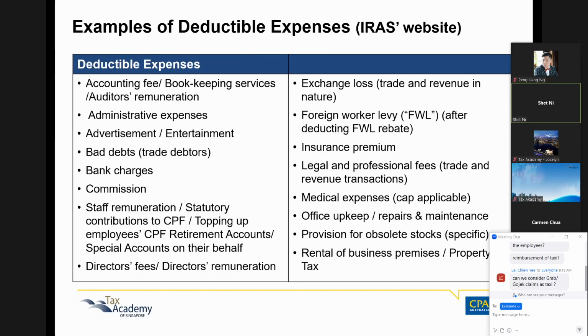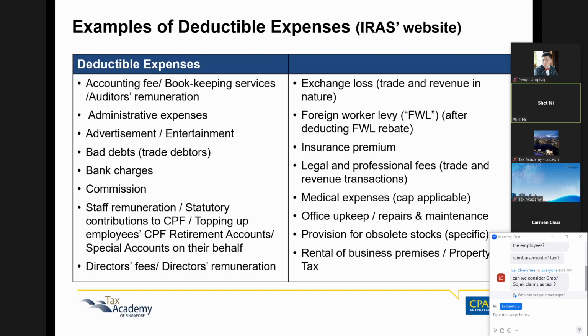Accounting fee, bookkeeping services, auditors' remuneration. I think we also covered some of them, saying that they are deductible under section 14B. So we have administrative expenses, advertisement, entertainment. This entertainment must be for business, not for the directors to entertain his friends or family, which will come under private expenses and not be deductible.